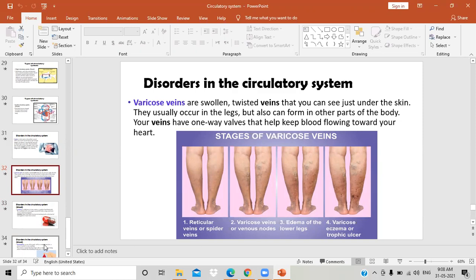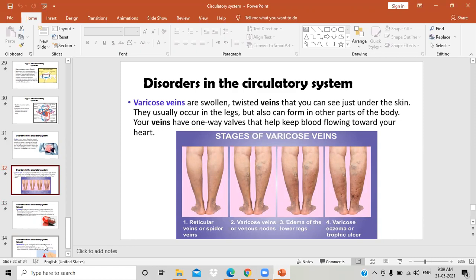Away from the heart, there is something called varicose veins, a type of disorder that hits the veins because some people have very thin or weak vein walls.